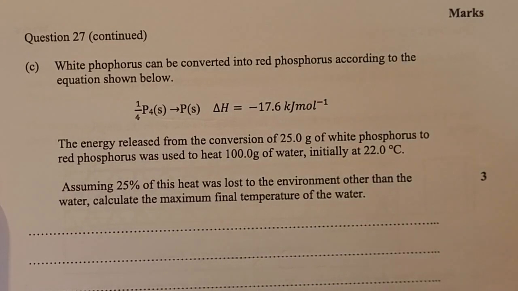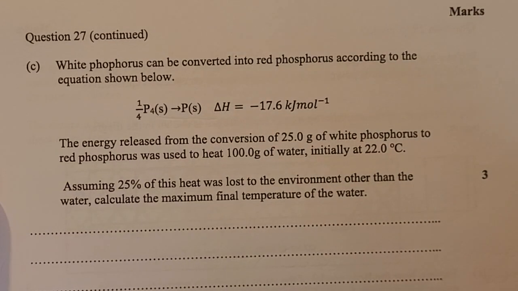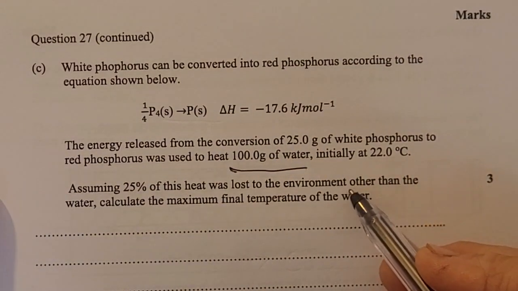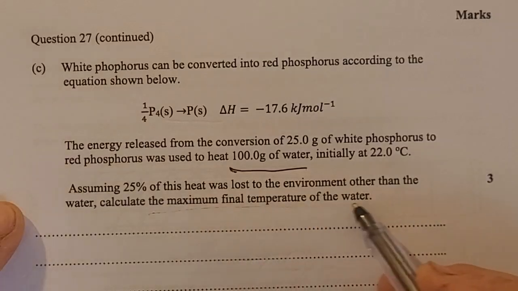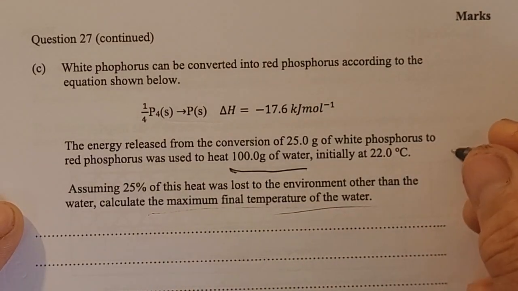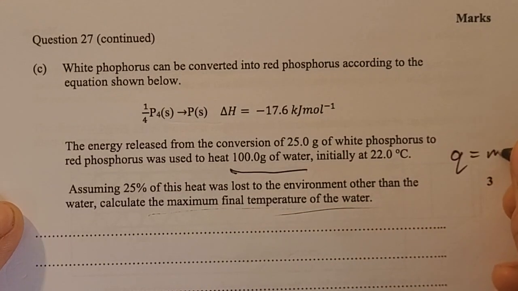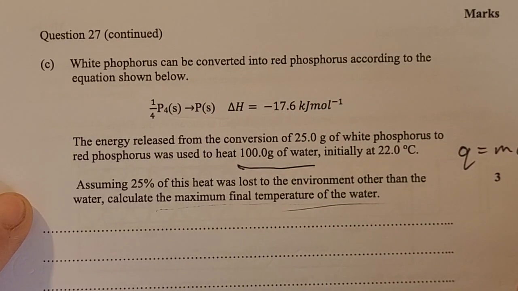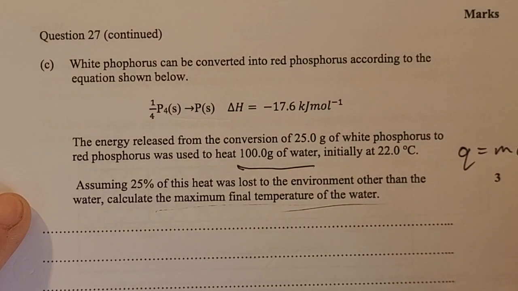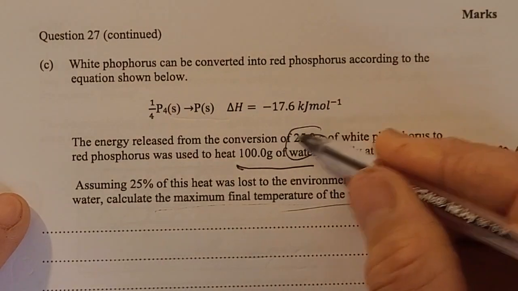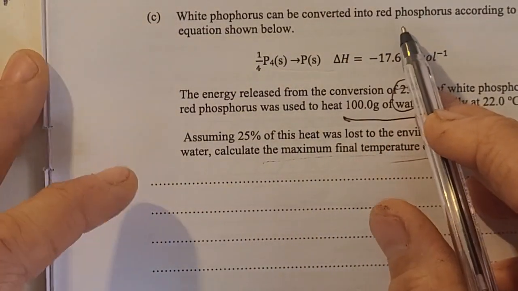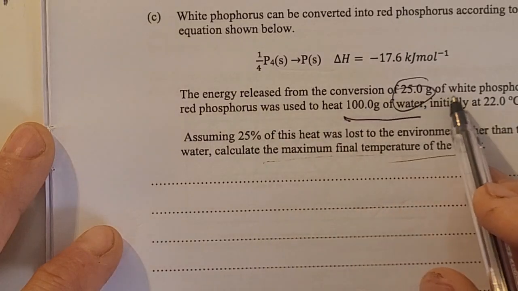All right, so let's have a look at this. White phosphorus can be converted into red phosphorus according to this. We've got water. Calculate the final temperature of the water. So this is a Q equals mcΔT question, and this is for the amount of white phosphorus, P4.